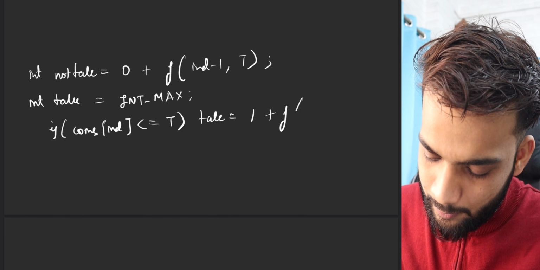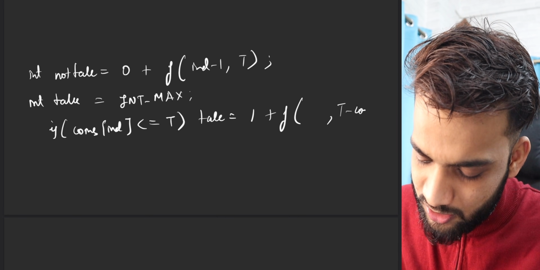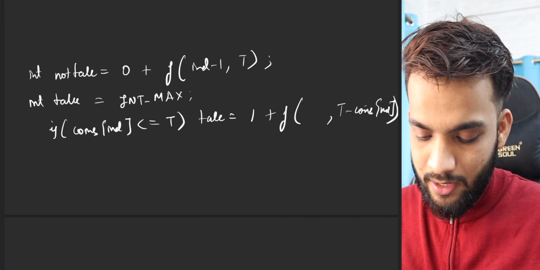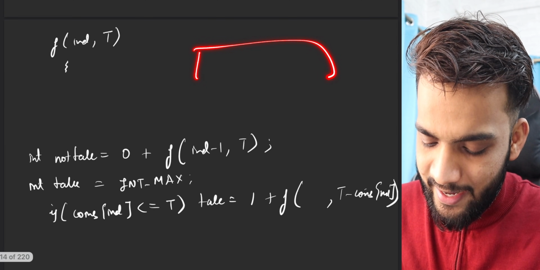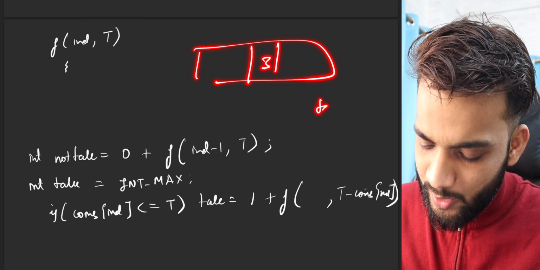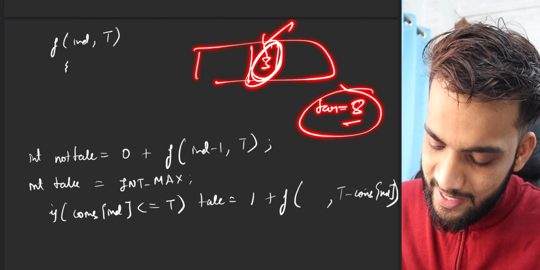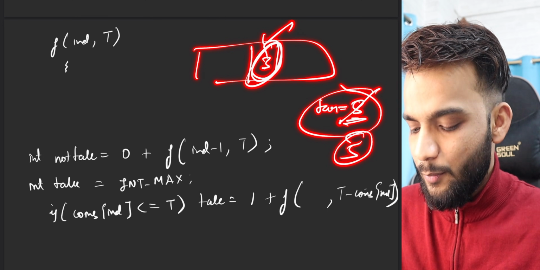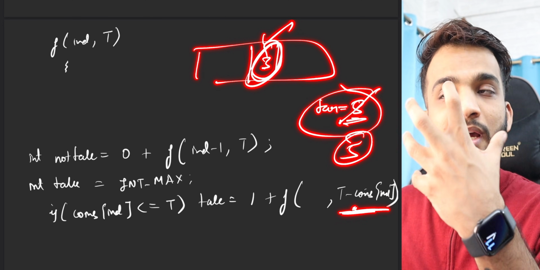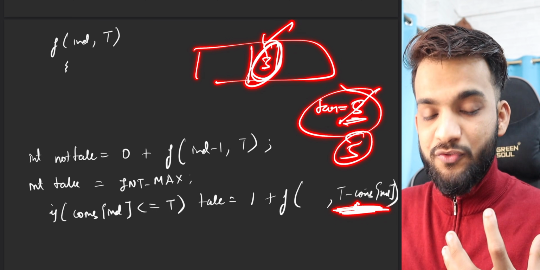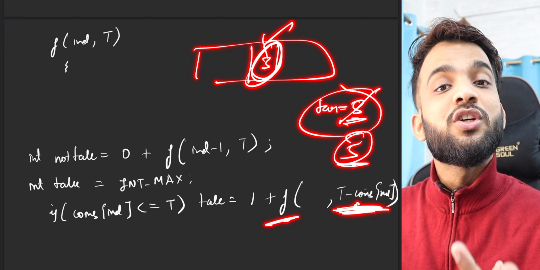The remaining target is t minus coins of index, because if this is the array and there was a 3 and the target was 8, if you took this 3, this 8 will reduce to 5 now. That's what I'm doing over here. This 8 will reduce to 5, and now you look for the minimum coins in which I can form this 5. That's why you'll again call this function.